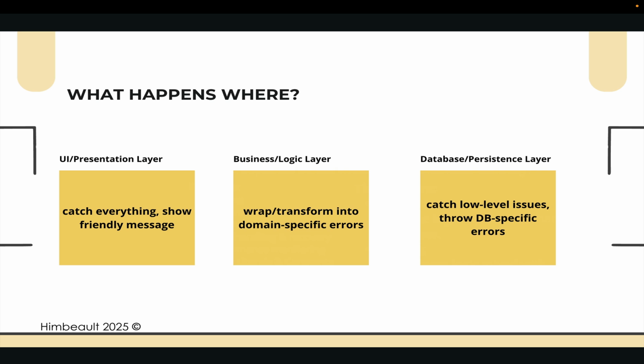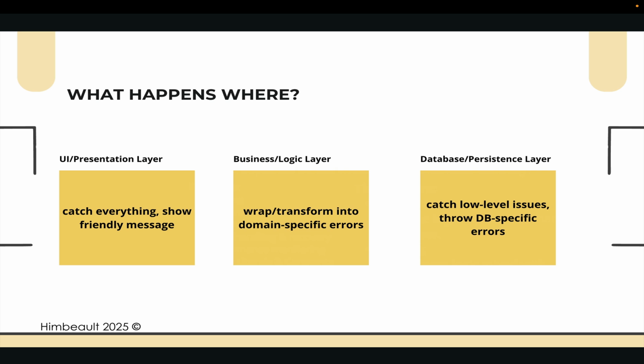The business logic or the logic layer, its job is to transform or wrap the domain-specific errors. So when errors come from the database or from specific scenarios, its job is to help mold that exceptional message into something that will work for the front end.